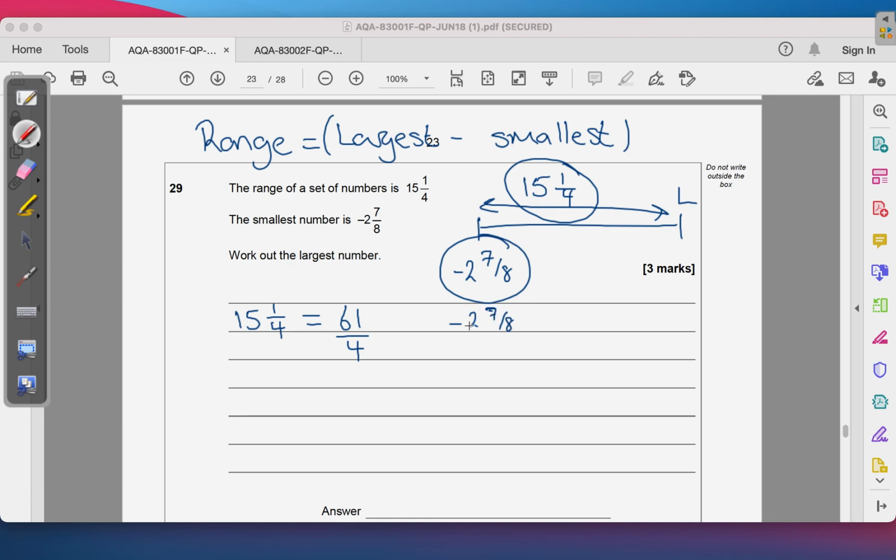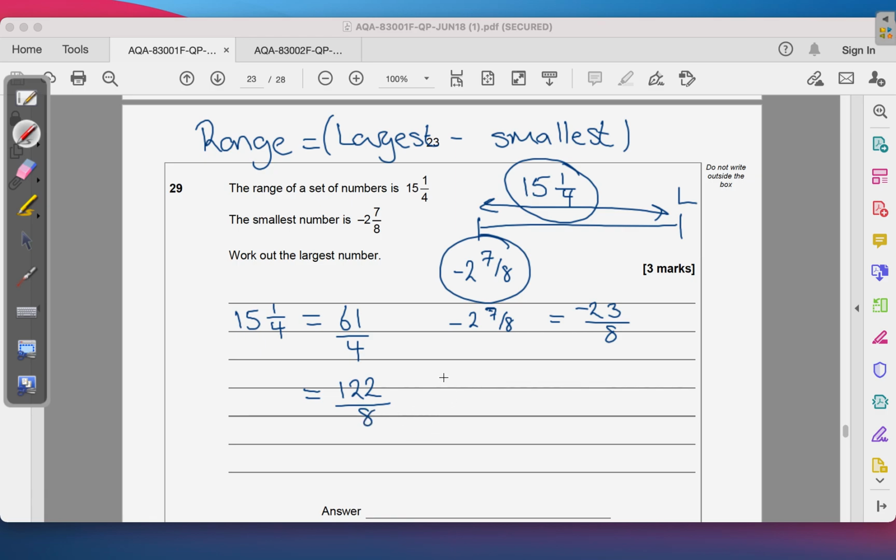I'm going to say, well, minus 2 times 8 is minus 16, plus the 7/8 that I've got, 16 plus 7, that's 23, minus 23/8. Okay, now I'm going to convert these quarters into eighths. So to do that, I need to multiply the top number by 2. So I get 122 over 8.